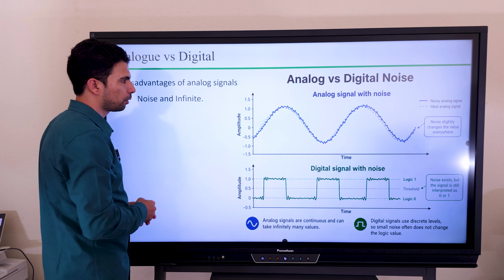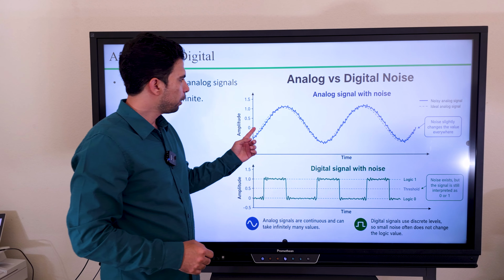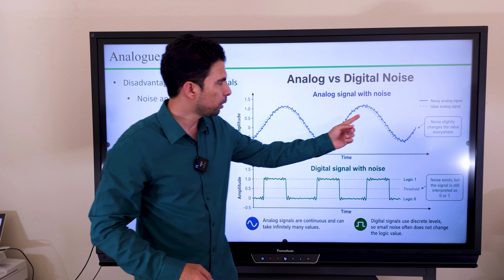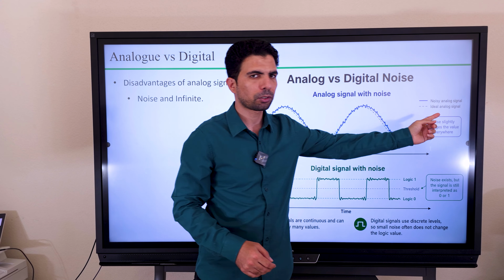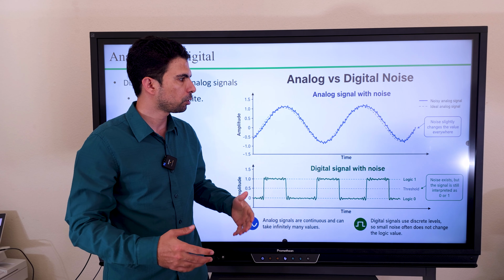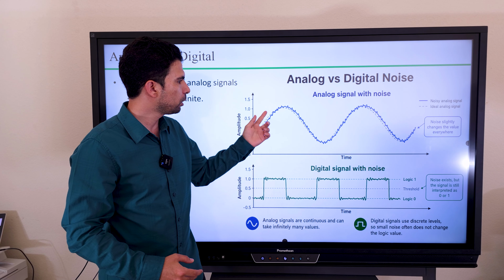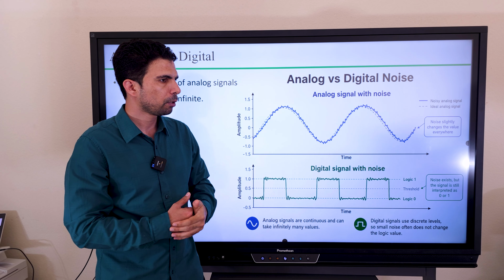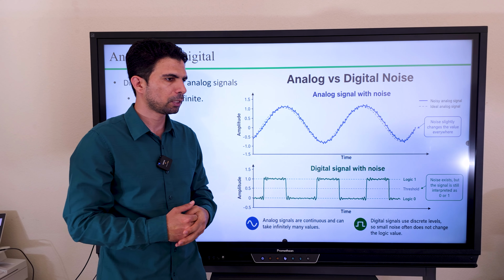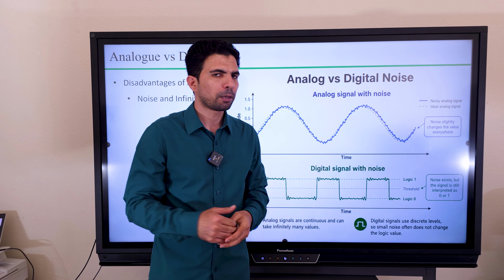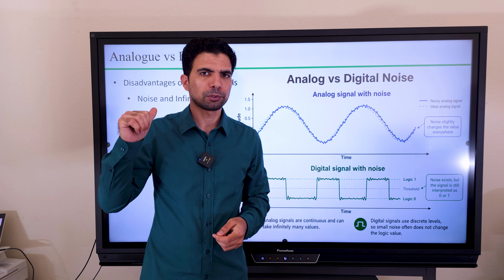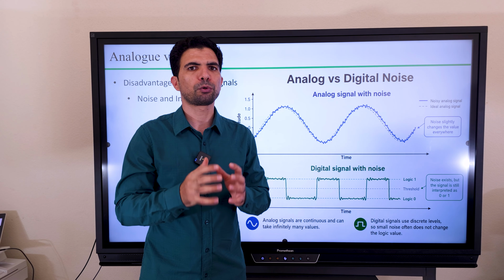Let's take the first one. As you see, we have a gray line here. This gray line is the main analog signal itself, the ideal analog signal. And we have noise here. One example of noise might be the background sounds when you are talking on a microphone.